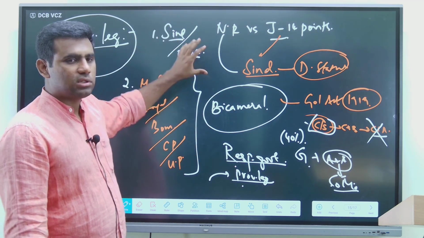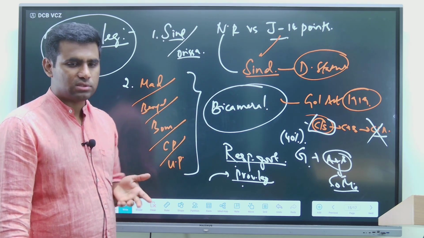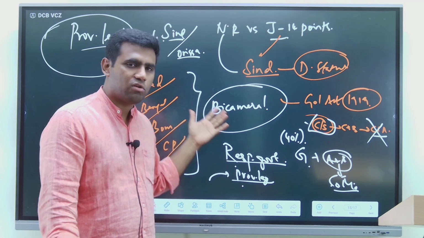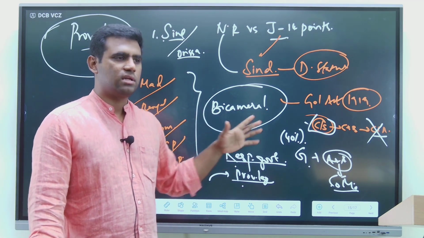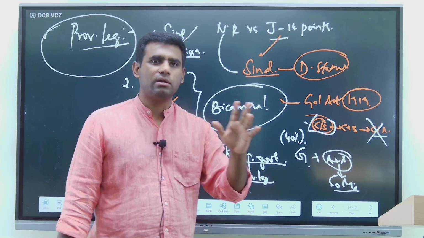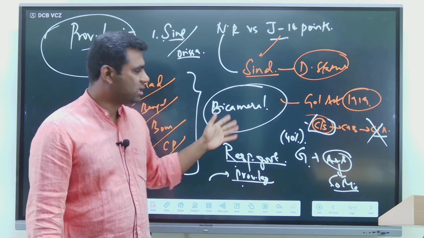Sindh and Orissa were created as separate provinces, and complete responsible government was implemented at the level of provinces, which means the Indian ministers dealing with the transferred subjects are now going to be completely answerable, responsible to the legislature.